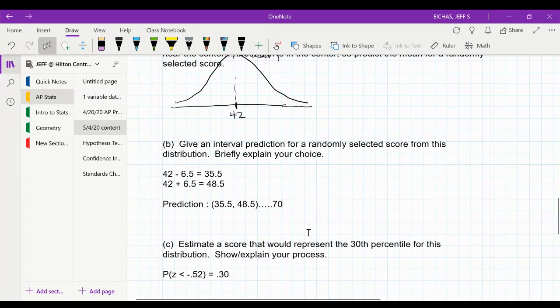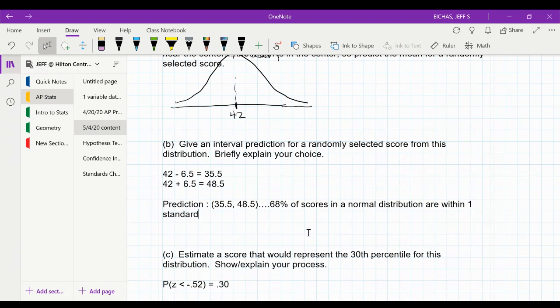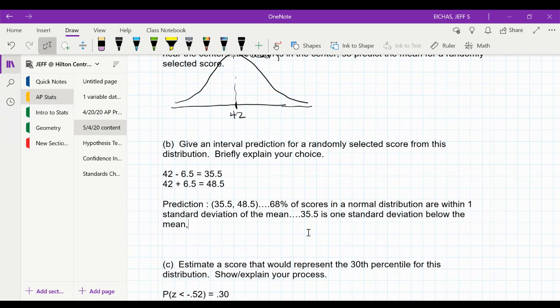Why? 70%, well, actually 68% of scores in a normal distribution are within one standard deviation of the mean. 35.5 is one standard deviation below the mean. 48.5 is one standard deviation above the mean.